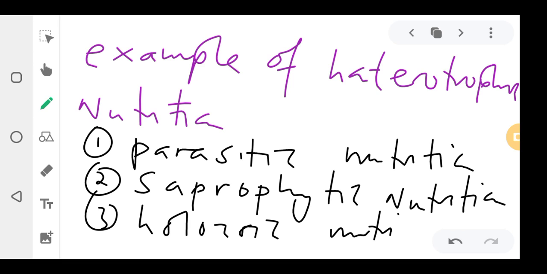So these are examples of heterotrophic nutrition. Basically, these are the types of nutrition by definition, and then we'll end here.